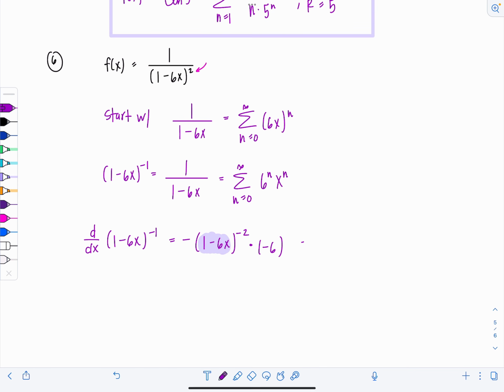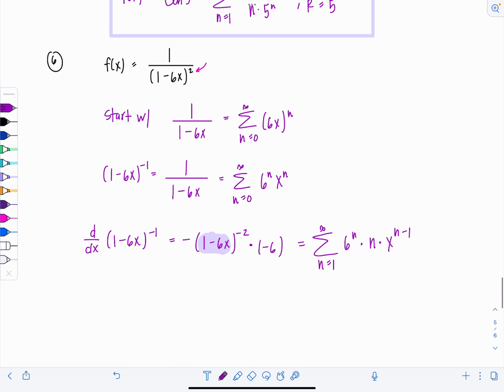Very good. This equals the sum. Now be careful. The first term, when n is 0, is a constant. So when I take the derivative, it's going to go away. So n has to now start at 1 to infinity. Only x is my variable, so 6 to the n just hangs out. When I take the derivative of x to the n, it's n times x to the n minus 1.